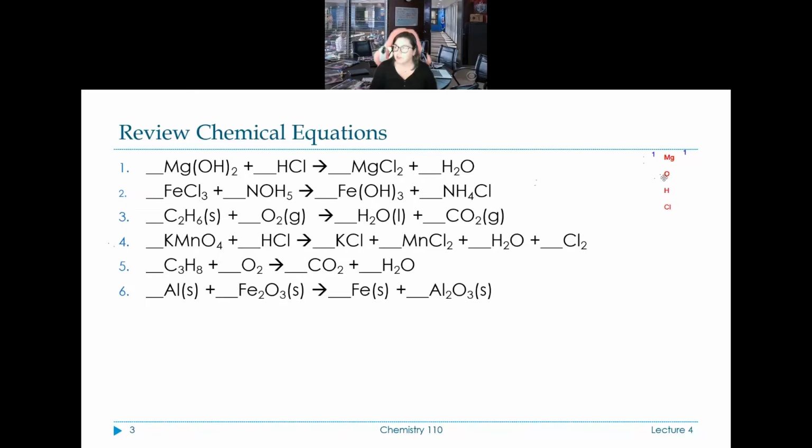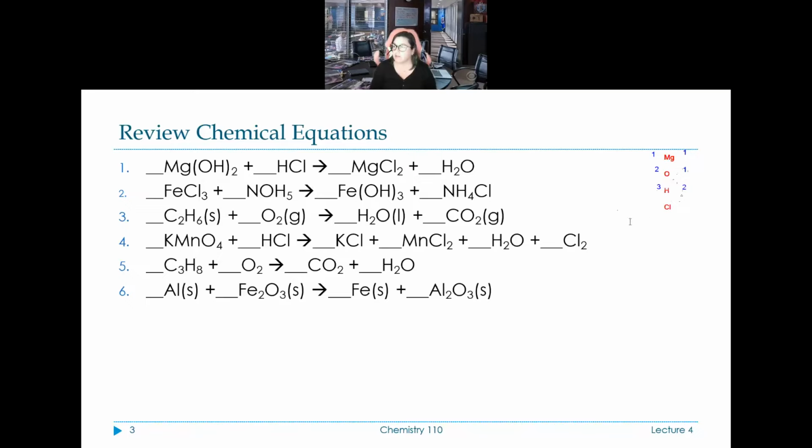Well, I have 2 on the reactant side, and I have 1 on the product side. So I know that my oxygen is already an issue. But let's keep going for now. I have 3 hydrogens on the reactant side, got to get both the OH2 and the HCl, and I only have 2 on the product side. So again, O is a problem, H is a problem.